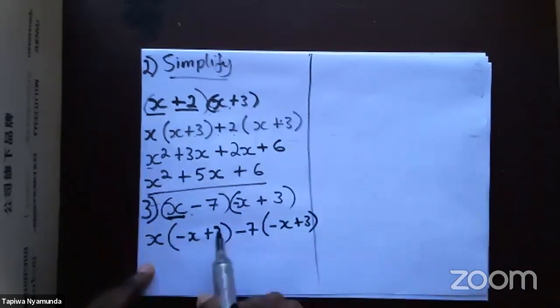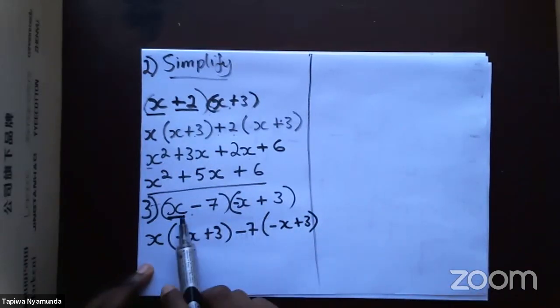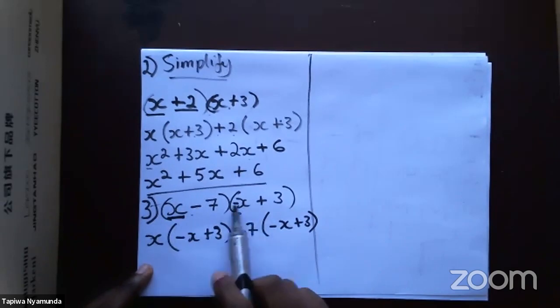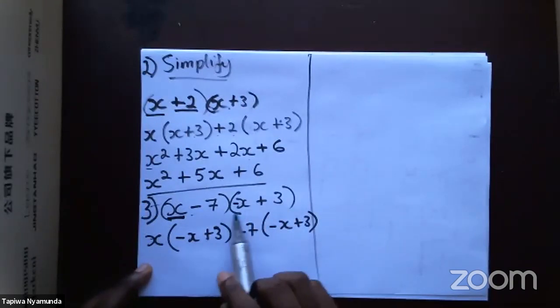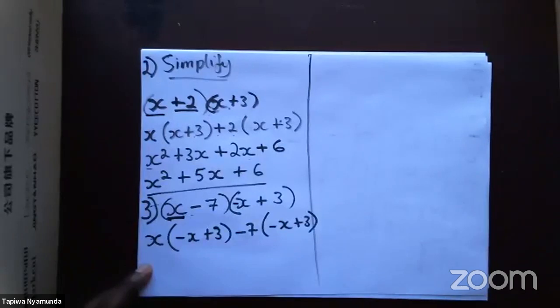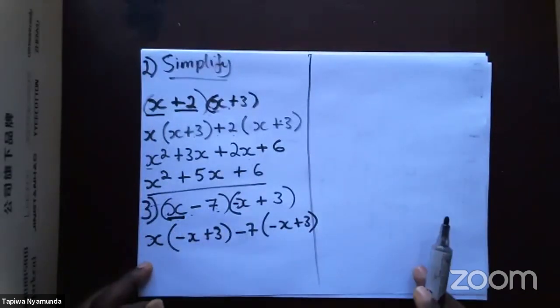These two brackets, we are saying this value is multiplying this guy independently, and this guy is multiplying this whole bracket independently, because we have two values in the bracket.